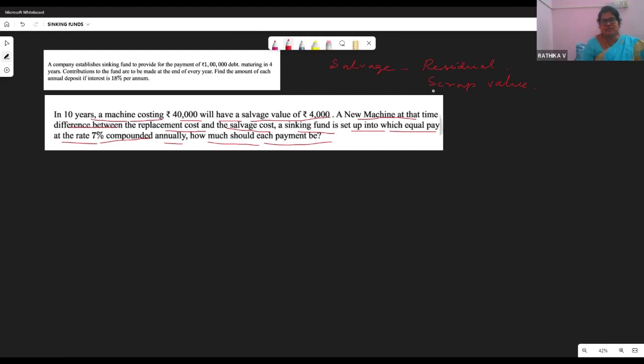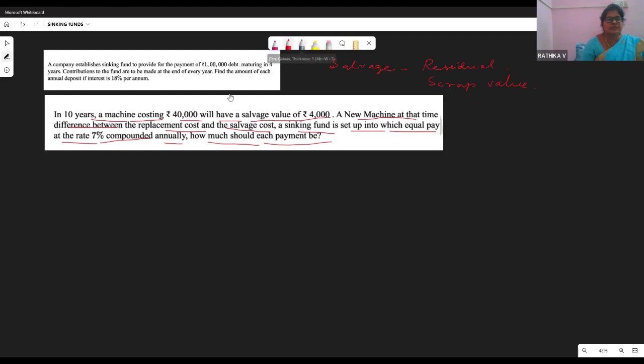That amount we call the salvage value. For example, when we sell our washing machine after 5 years, the original cost might be 20,000 rupees, but we were able to exchange it for only 2,000 rupees. That amount we call the salvage value, scrap value, or residual value.